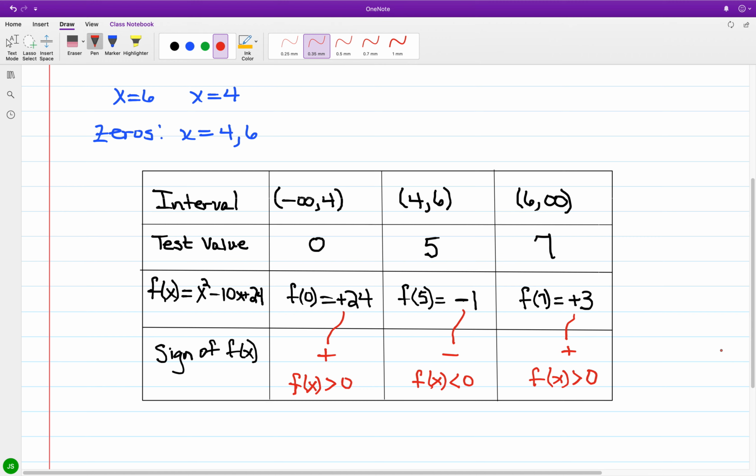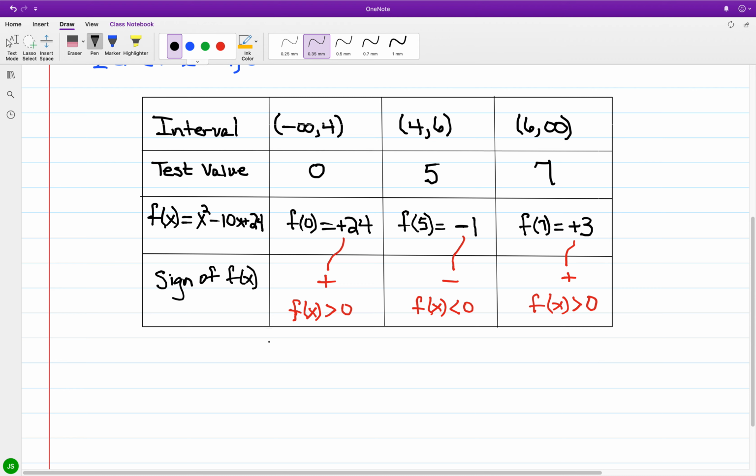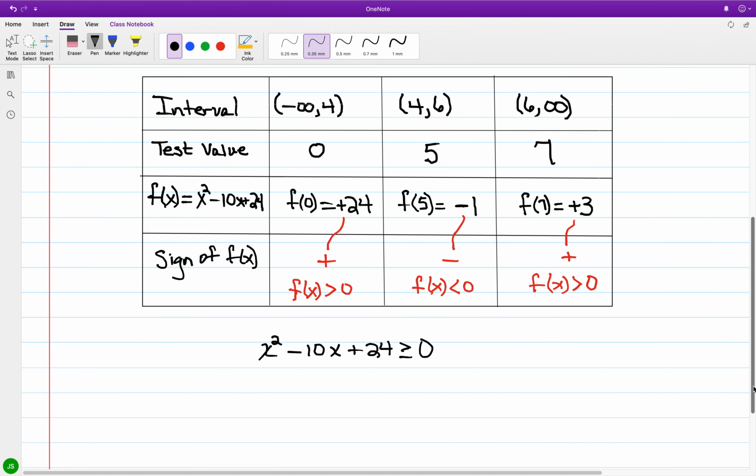For the comparison to 0 inequality, this condensed to x squared minus 10x plus 24 is greater than or equal to 0. In this case, we'll be looking at the limits, starting out where the function is positive.